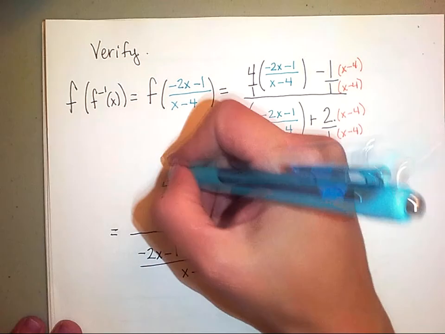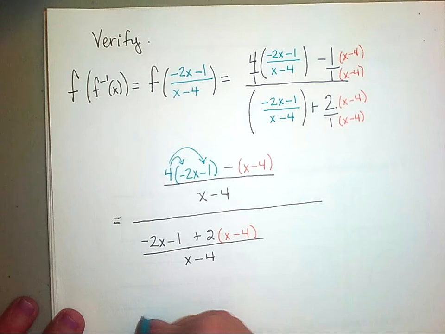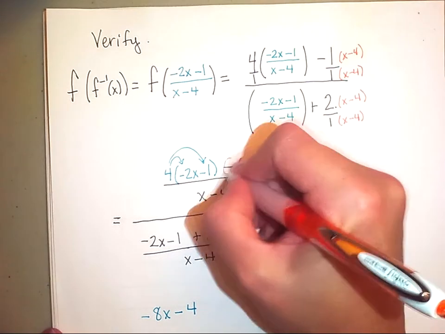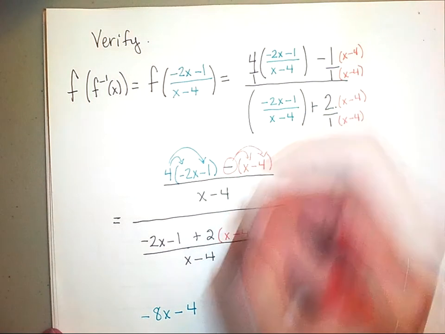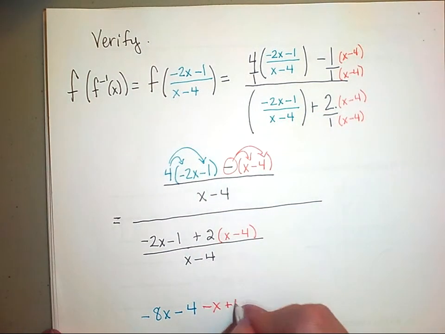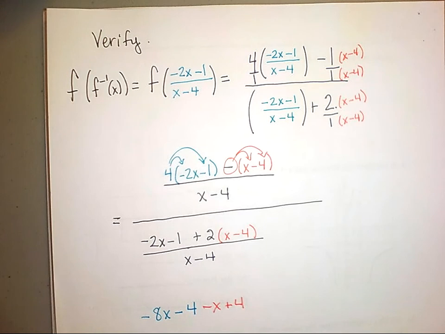So to do that, we'll distribute this 4 through. So we'll get negative 8x minus 4, and then distributing this negative through, don't forget your parentheses, minus x plus 4.